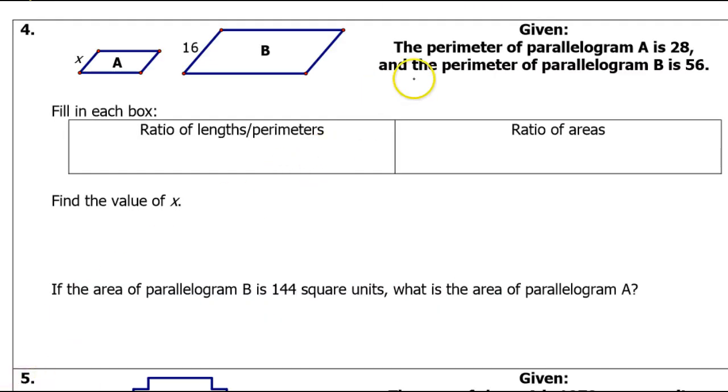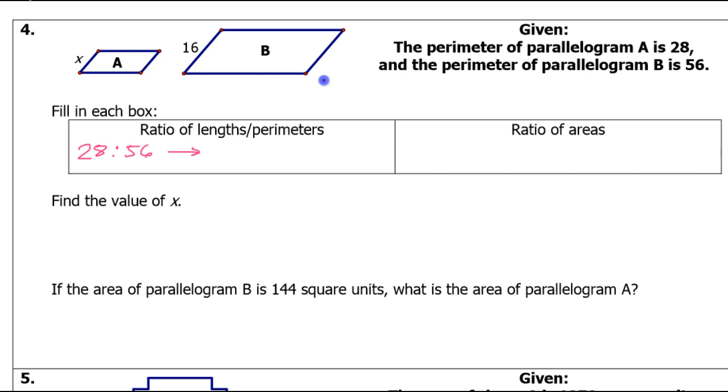In problem number 4, we are given the perimeter of parallelogram A is 28, and the perimeter of parallelogram B is 56. So that means the ratio of these perimeters is 28 to 56. Now I would like to reduce this, just treat it as a fraction.